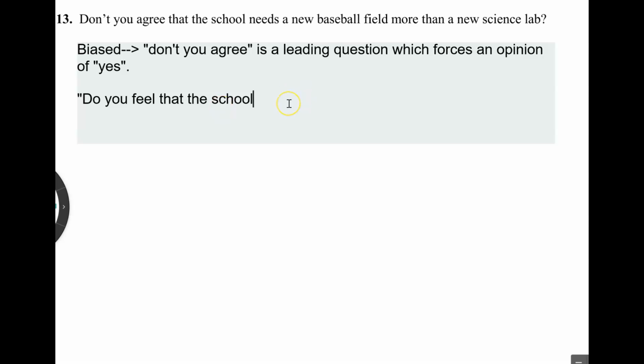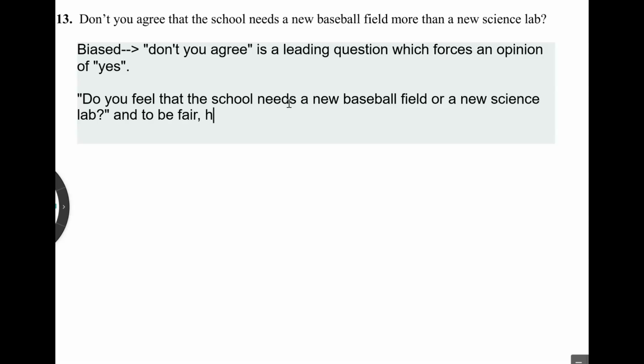Do you feel that the school needs a baseball field or a new science lab? And to be fair, half the people asked should have the science lab mentioned first.